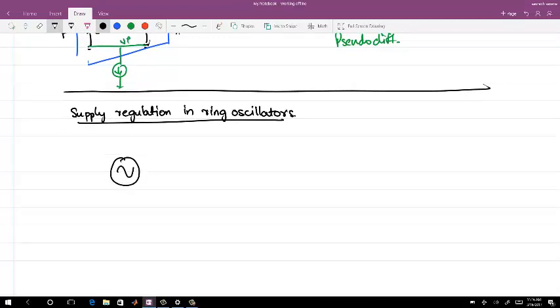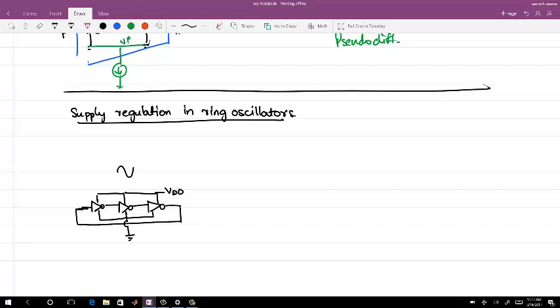I will just draw a simple one, where you have this inverter chain connected. The number of inverters depends on how you design it. This is VDD of the ring oscillator, and you have a ground. And we are considering all the noise at the supply right now, not at the ground.